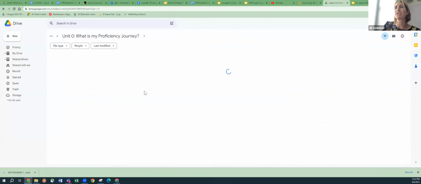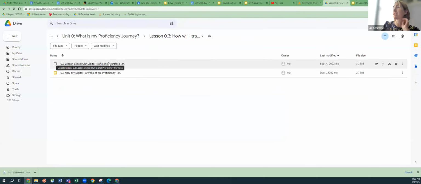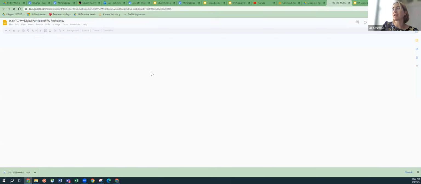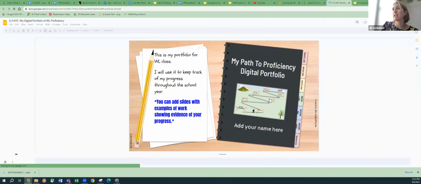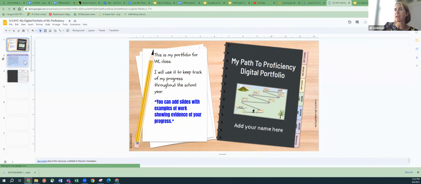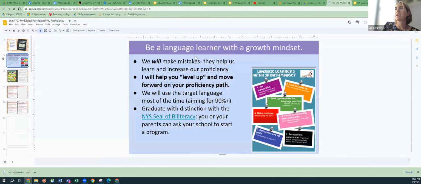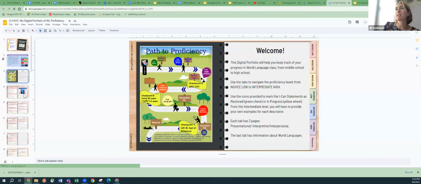A way for students, and it could be something you give to them in June. It's now June, right? And ask them to self-assess where they think they are and set goals, right? Your digital proficiency portfolio has the 3 Ps in here, getting students to see what we do as language learners. So click around on that, reach out with questions, be a language learner with a growth mindset from Leslie Grahn. Here is my own path to proficiency.